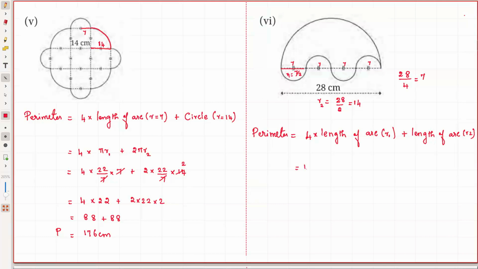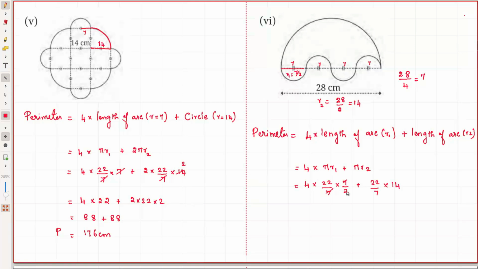So now 4 into length of an arc with R1. Using the pi R formula, pi R1 plus pi R2 is equal to 4 into pi value 22 by 7 into radius R1, which is 7 by 2, plus pi value 22 by 7 into R2, which is 14.